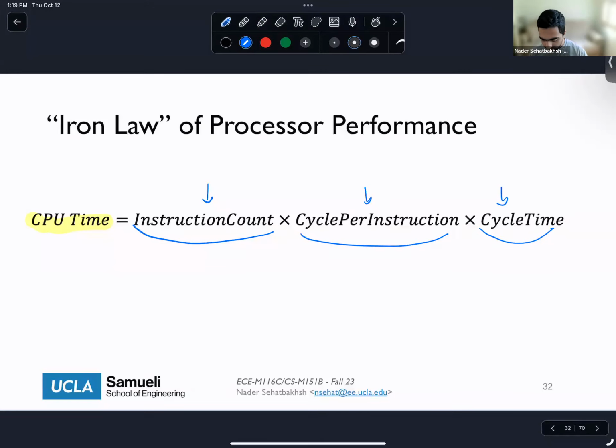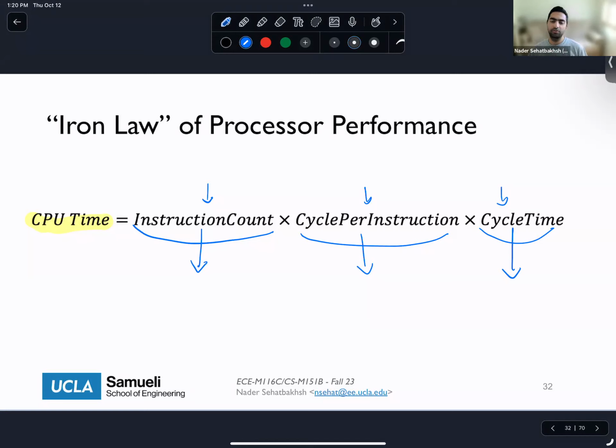But generally what this formula tells you is that in order to make your processor faster, and that would be our blueprint in the rest of this class, either I need to reduce the instruction count, or I need to reduce the cycles per instruction, or I need to reduce the cycle time. Or of course, I can do all three at the same time, or two of them at the same time. And that's what we're going to do.